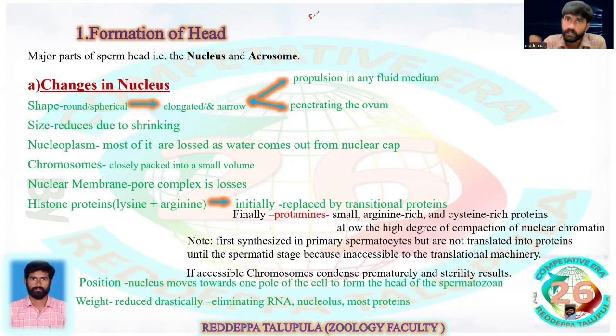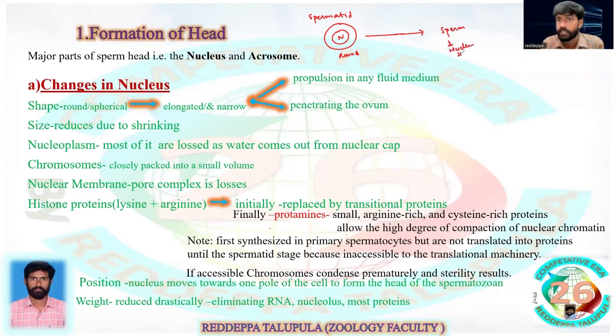See, the spermatid is present here and the nucleus is there. It is round in shape. Now this spermatid is differentiated into sperm. It also contains a nucleus, but here the shape is elongated.